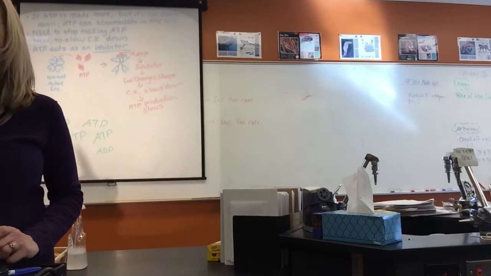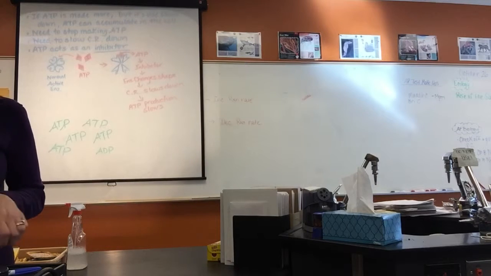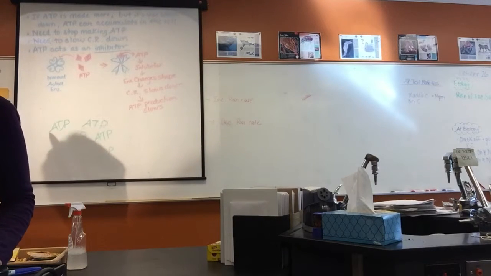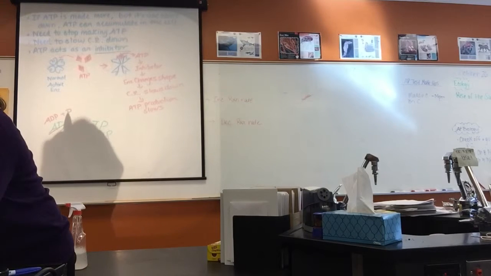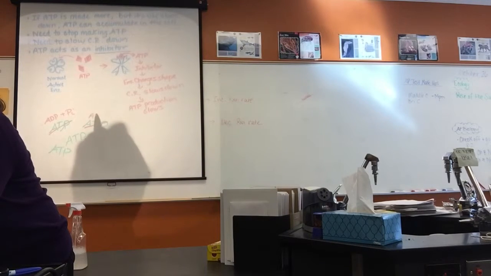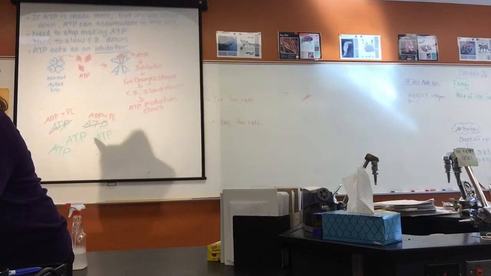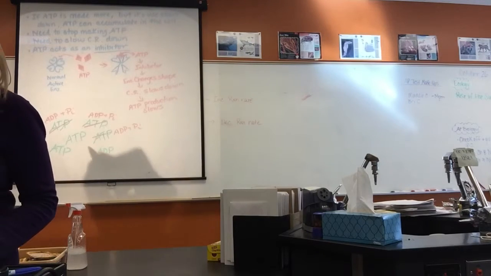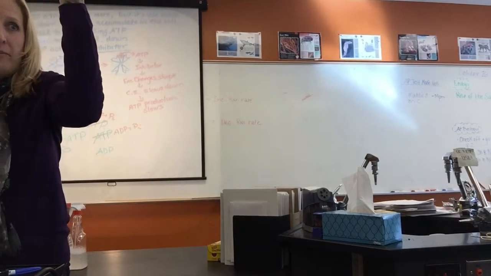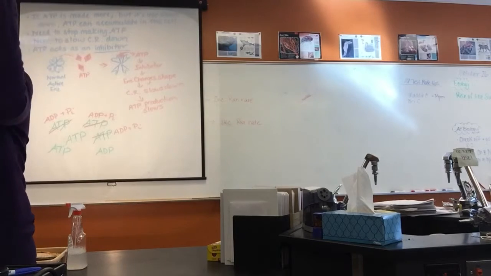But what happens is the cell's now going to start using some of that ATP. So if the cell starts using this ATP, it'll break down into ADP and a phosphate, and so on. And it starts breaking it down. Then your ADP concentration is going to go back up.